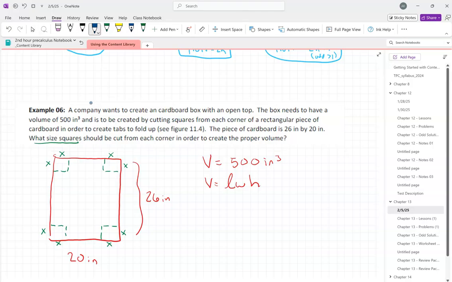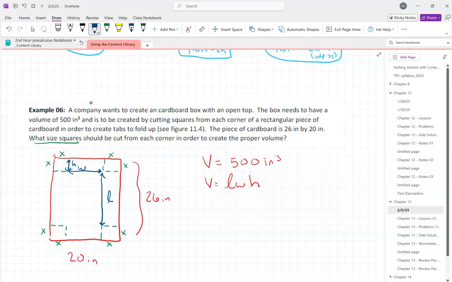So when I fold my box up, I'm going to be folding along that line. That would be my length. Everybody agree with that? And then I'll fold along this line. That'd be my width. And that line would be my height.